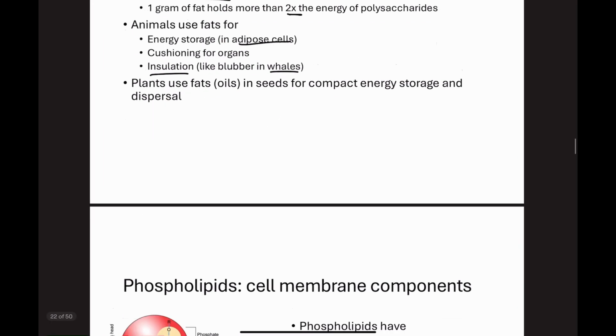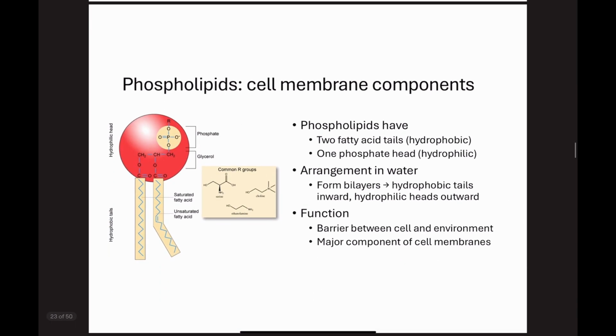So another form of lipids, something else about lipids, is that they create fatty acids, and they create phospholipids. And phospholipids, they are the foundation of cellular membranes. Phospholipids, they are completely essential for life. They are the major constituents of our cell membranes.